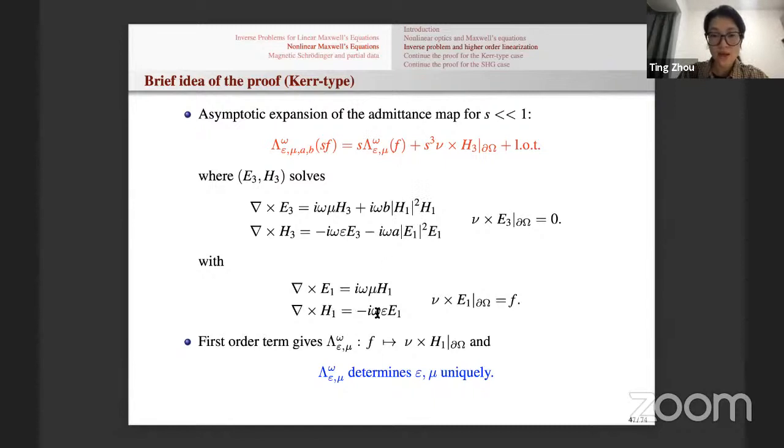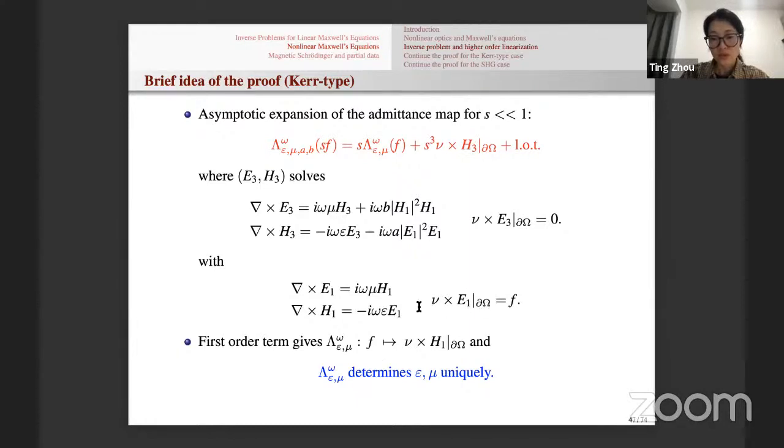So E1, H1 here are a linear solution for the linear part of the equations, and then you have them interact together as a new source to give you E3 and H3, the new fields, to account for this third order term.